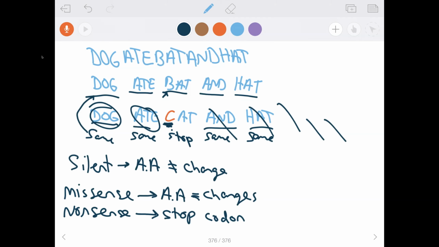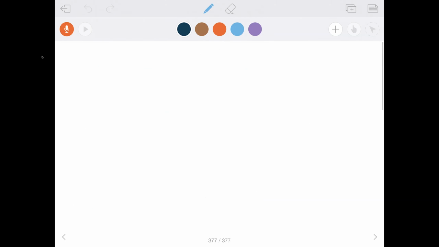Now, one more thing is if we have dog ate bat and hat. Dog ate bat and hat.